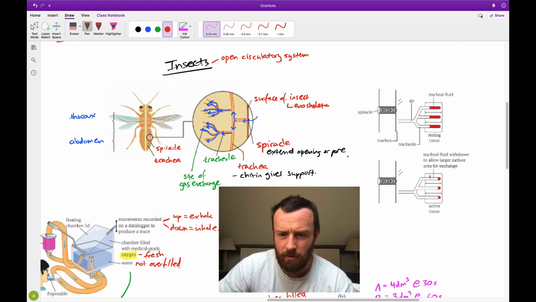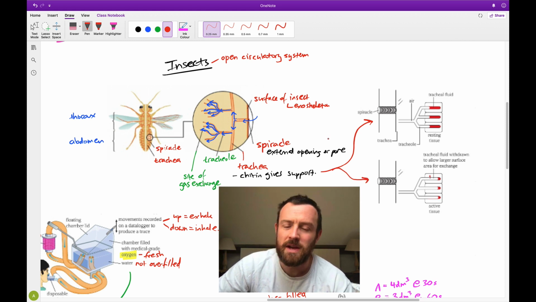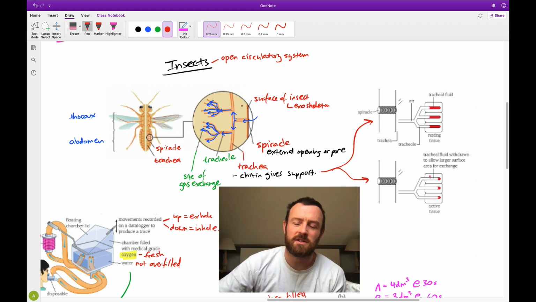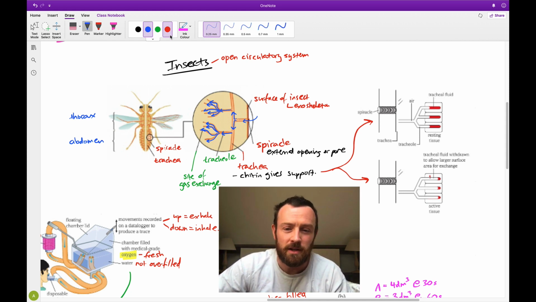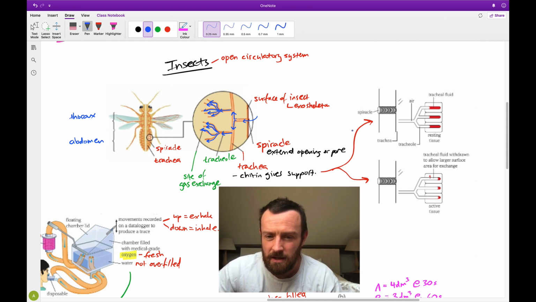Let's label this. Okay, so we can modify the structure of the tracheal system by moving tracheal fluid. So this would be under low demand.